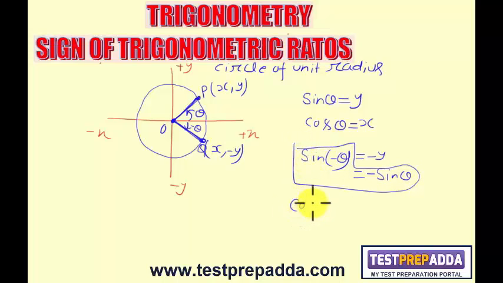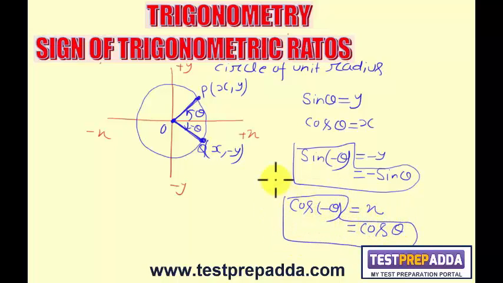But if I take cos minus theta, this is equal to the x coordinate, and for this the x coordinate is simply x. So cos minus theta we can conclude is equal to cos theta. Very special points. Sine minus theta is written as minus sine theta. Cos minus theta is written as cos theta. Okay, now this is a unit radius circle.